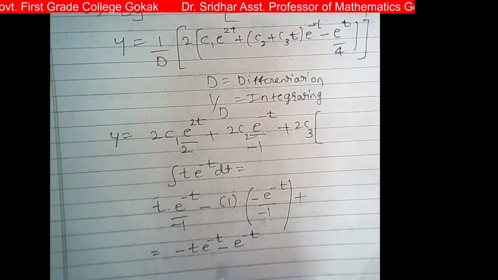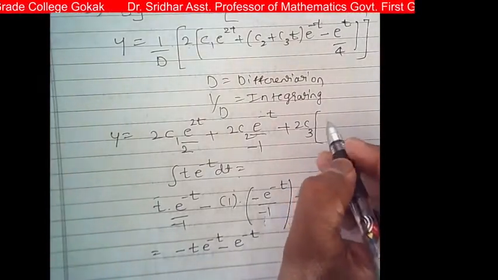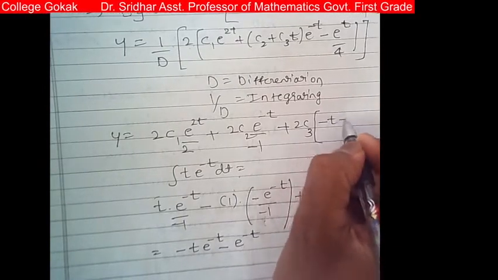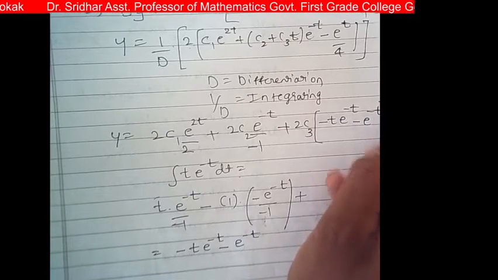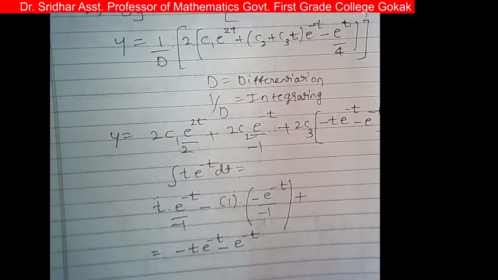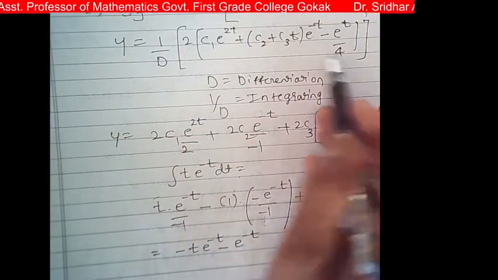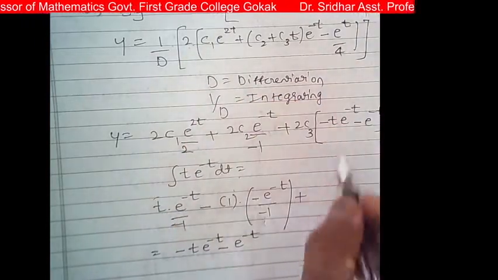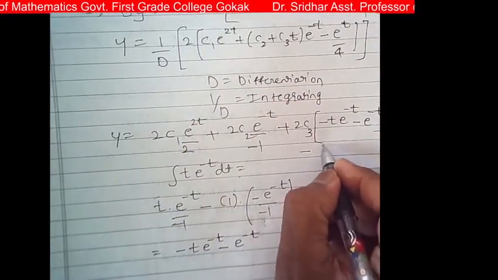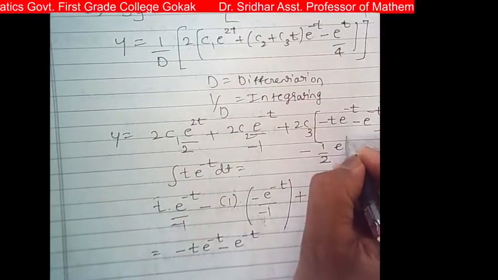Now substitute this here: minus t e raised to minus t minus e raised to minus t. Then minus 2 into 1 by 4, 2s cancel, so it is minus 1 by 2. Next the integration of e raised to t is e raised to t only.